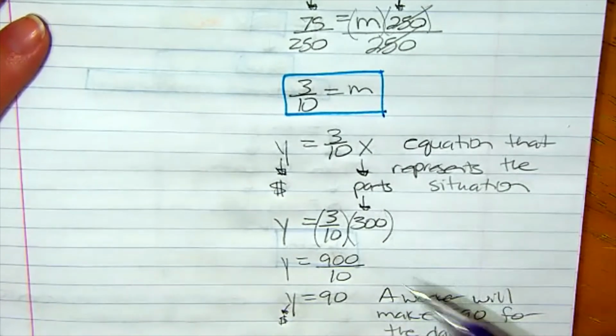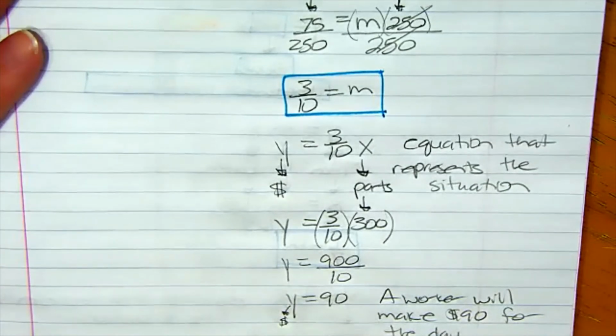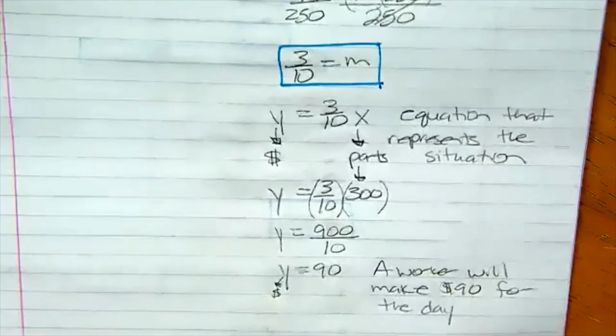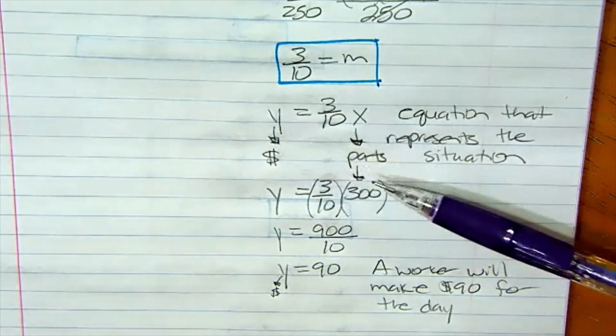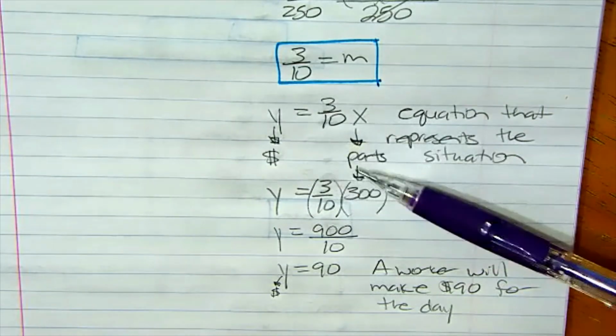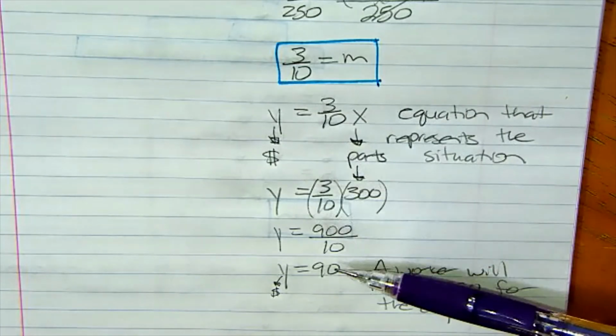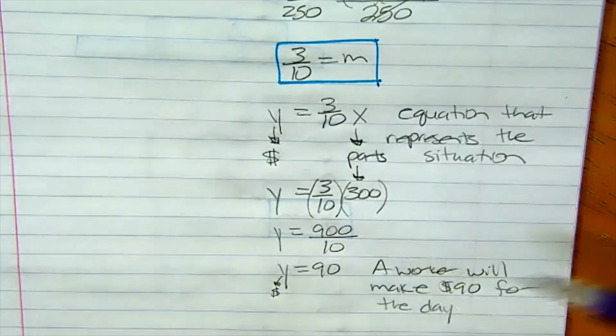If he made 300 parts, he will make $90 for the day. So the trick to doing all of this is making sure to label your x's and your y's. Label everything so that you know where to substitute your numbers into. Okay?